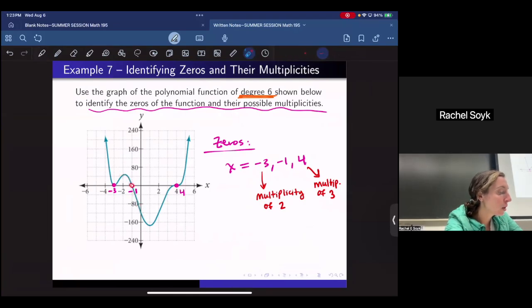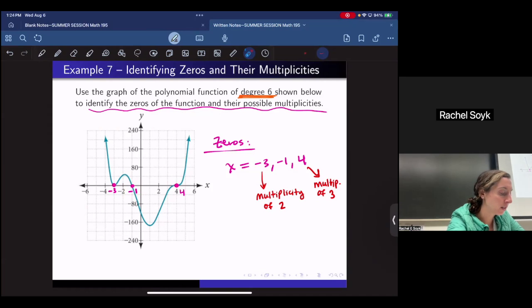If there's no turning point occurring, meaning this goes from increasing and then it stops right here, and then we have another increasing, whereas this is just decreasing straight on through, then this is just a multiplicity of 1.